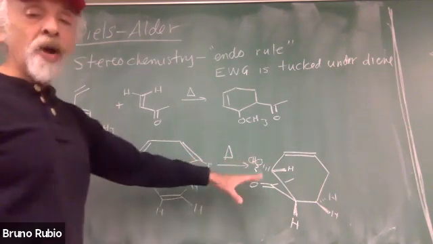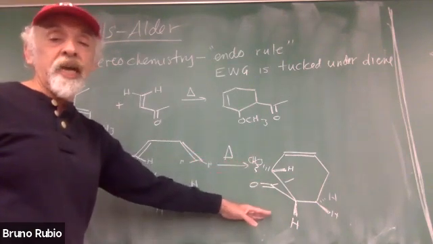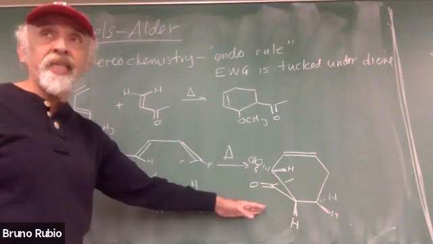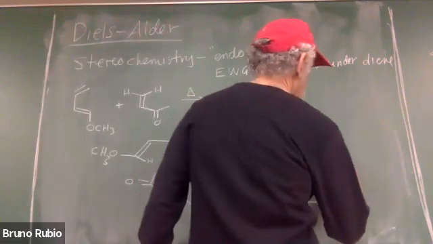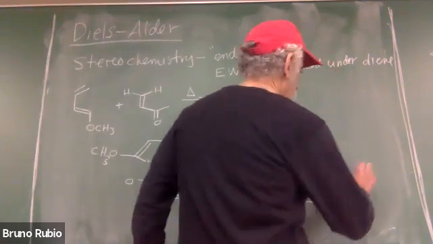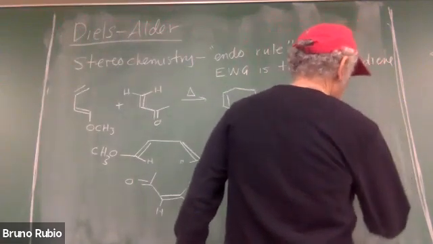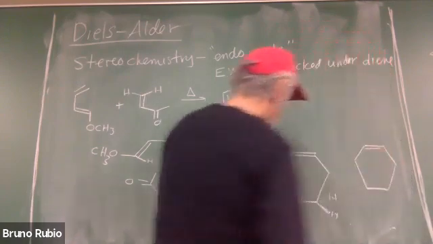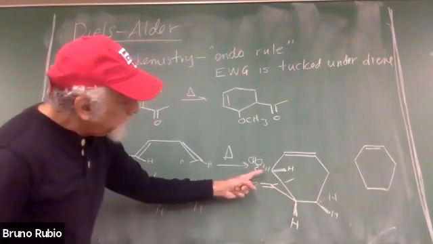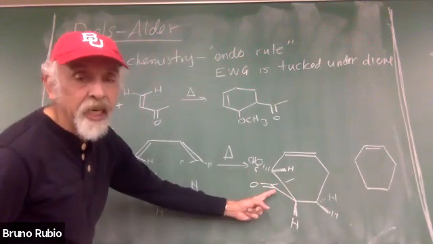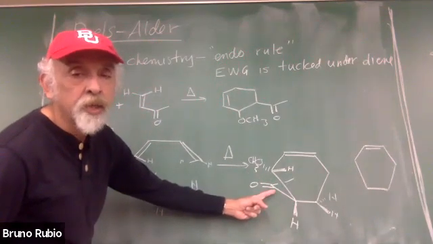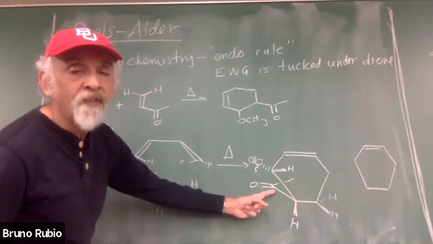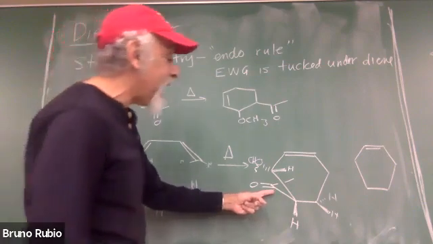All right, so how about let's straighten this up. If I were taking an exam, how would I want to present this? Pre-existing electron withdrawing group of the dienophile is in the back.